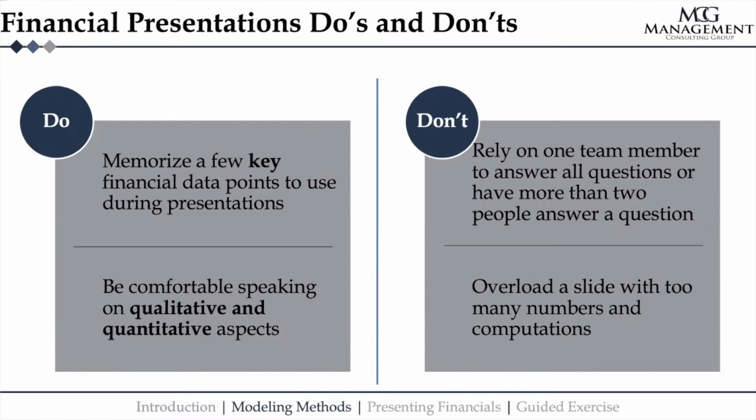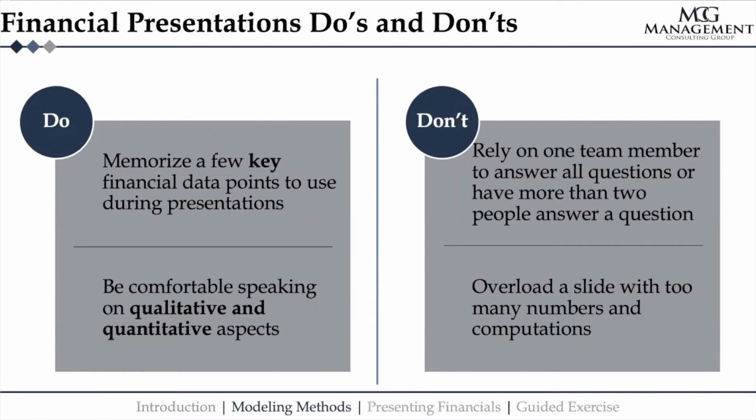And when you're able to have these few key points memorized, you're less likely to struggle and fumble throughout the presentation, and you're less reliant on looking towards the slide while you're presenting. It just shows that your recommendation is sound and that you understand the financials which you're projecting.